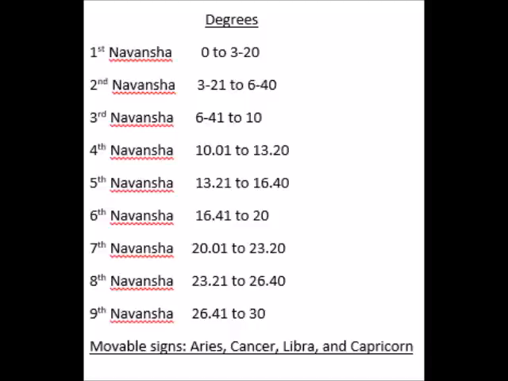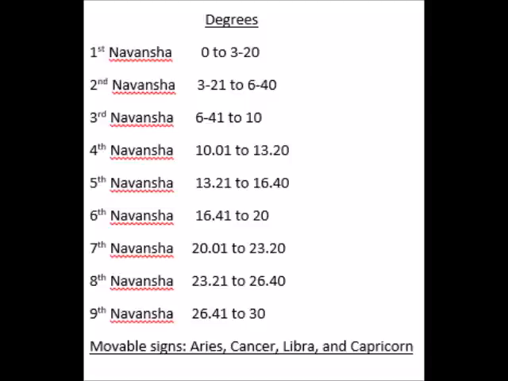Each subdivision is 3 degrees and 20 minutes, which adds to 30 degrees. If you have not already seen video number 1 of the Navansha series, watch it and you'll know what I'm talking about.